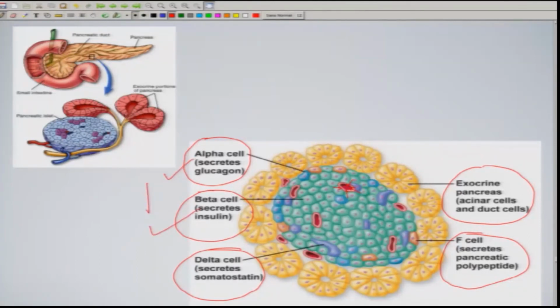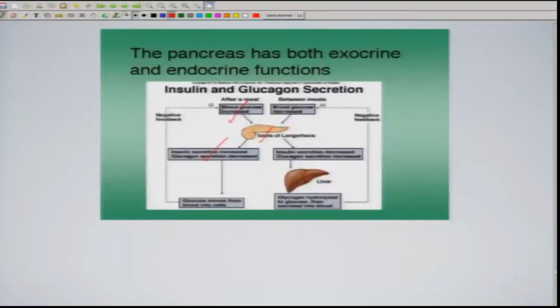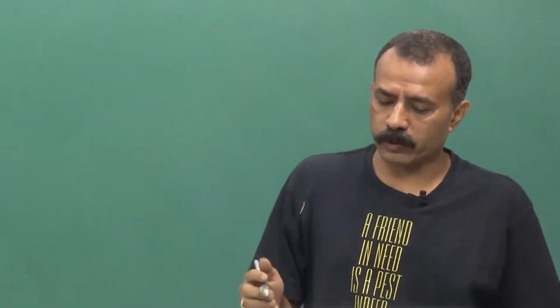So, there is an opposite function. When glucagon is increasing, insulin will fall down. When insulin will increase, glucagon will fall down. So, insulin secretion increases, glucagon secretion decreases, and the glucose moves from the blood into the cells. This is exactly what I was telling you, the glucose has to be removed from the blood and has to be used for formation of the glycogen.